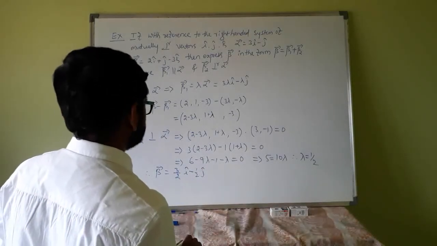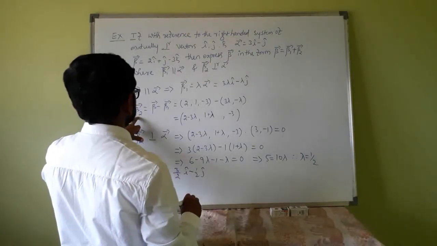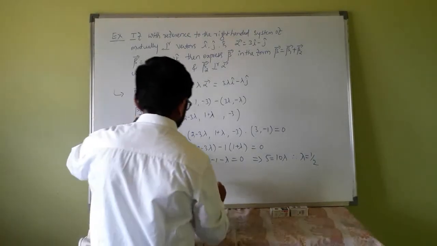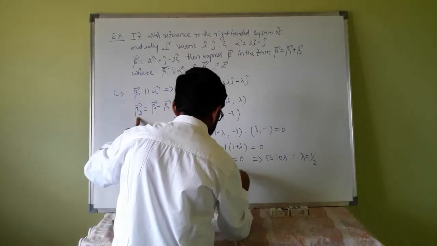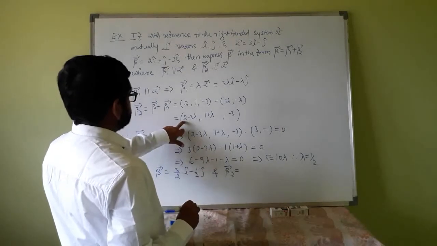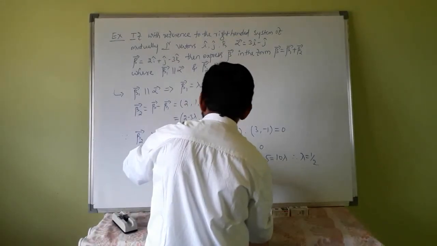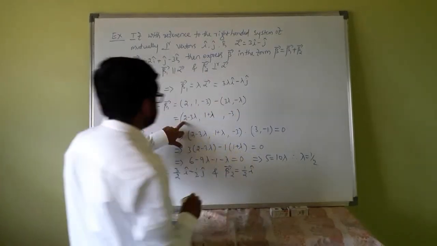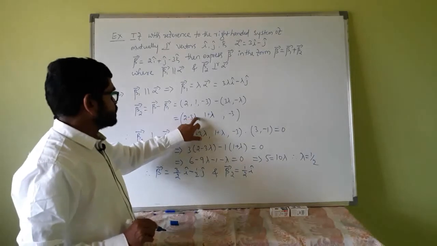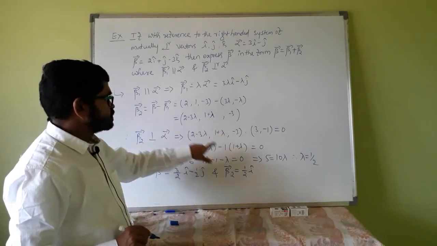Beta 2 is equal to, where is beta 2? Beta 2 is half i cap. You got it. 2 minus 3 into half, 3 by 2; 2 minus 3 by 2 means only half is left.